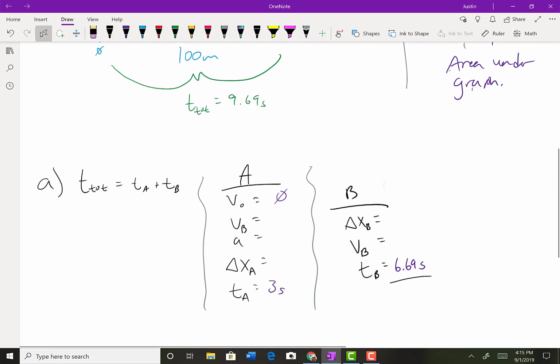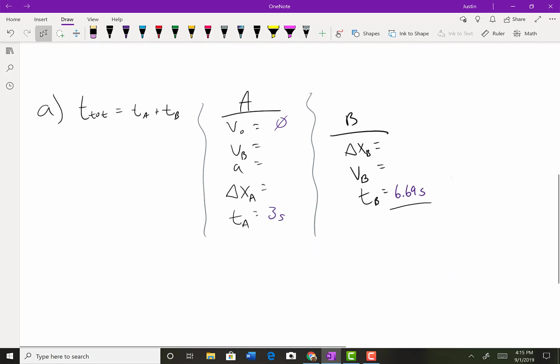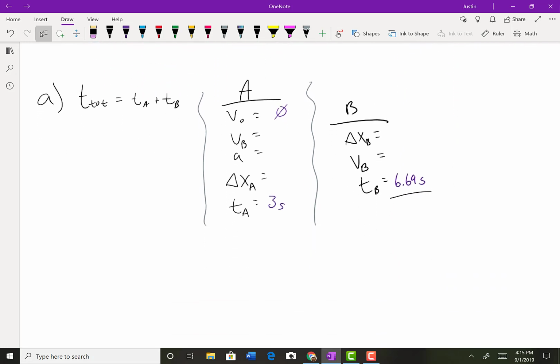All right, so next up, this is just coming from my solutions. I'm going to build off this now. Because he is accelerating in part A, I'm going to have a v = v0 + at, or something like that. And here I'm using displacement as opposed to the initial position and final position because it's going to end up being more useful in this case.